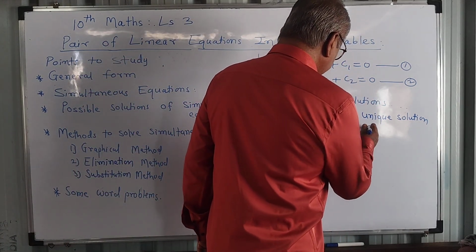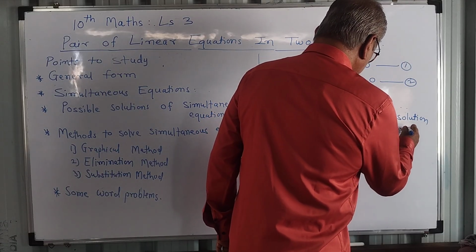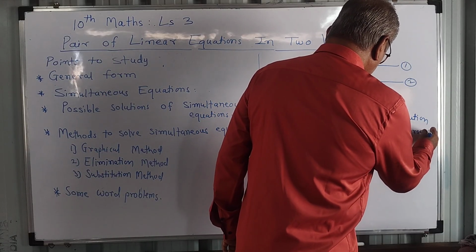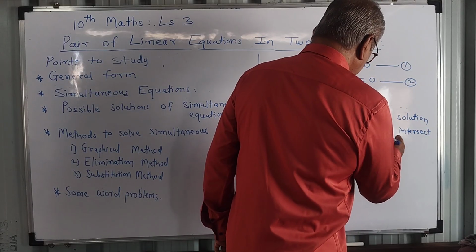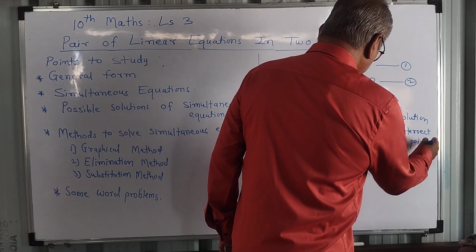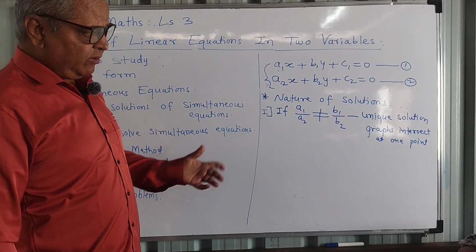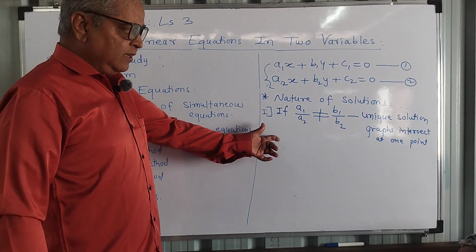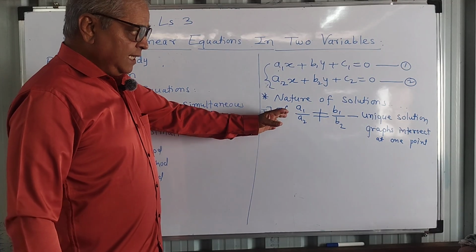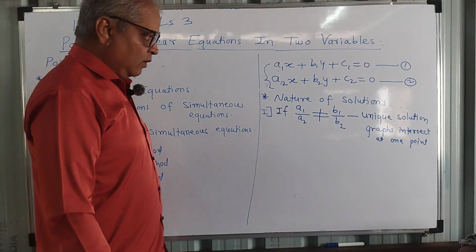So graphs intersect at one point, and as these see एक इक्वेशन असेल किंवा इन्फिनिट एक सोल्युशन असेल किंवा इन्फिनिट सोल्युशन्स असतील त्यावेळेस अशा इक्वेशन्सला आपण कन्सिस्टंट असं म्हणणार आहोत.